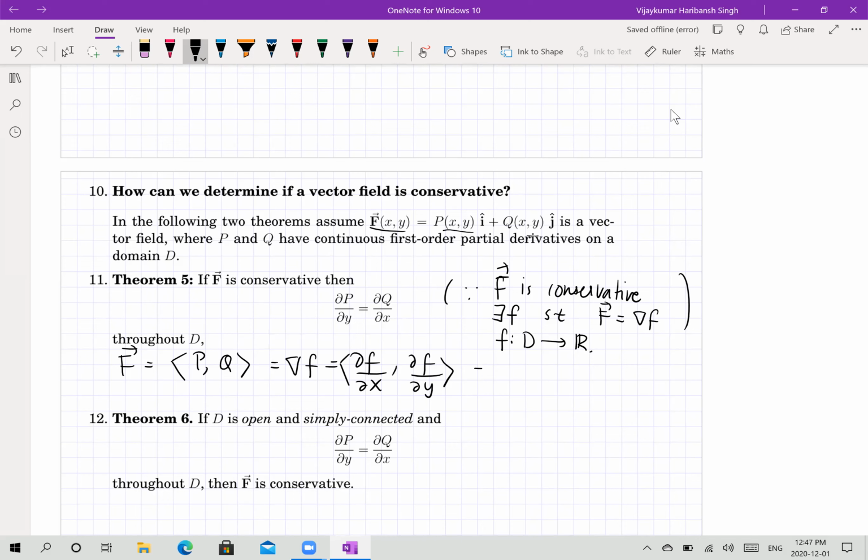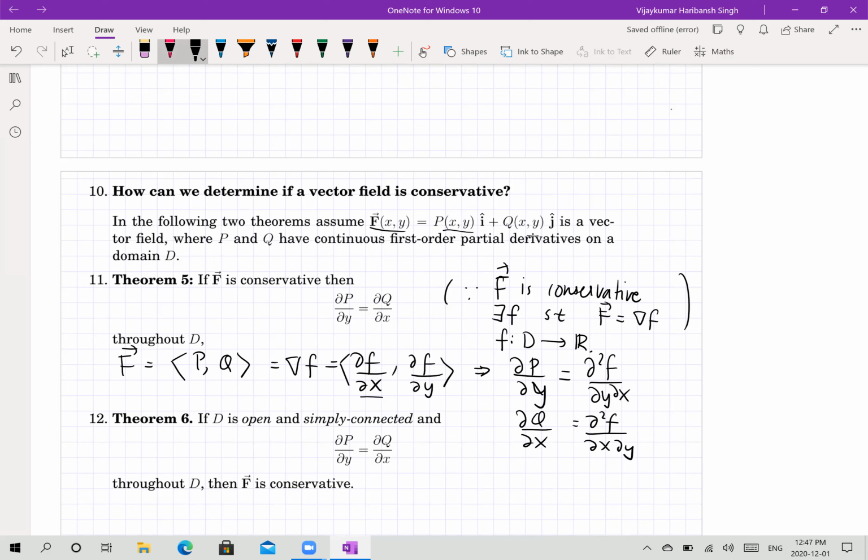Now, if you look at dou P by dou y, my bad, you get the partial derivative with respect to y, and you get dou Q by dou x equals dou squared f by dou x dou y.